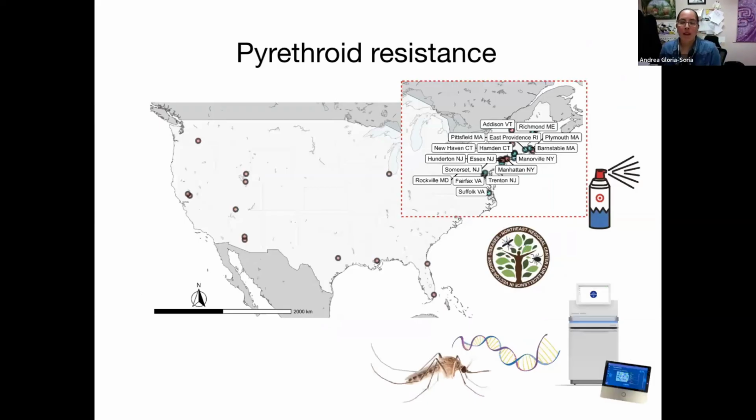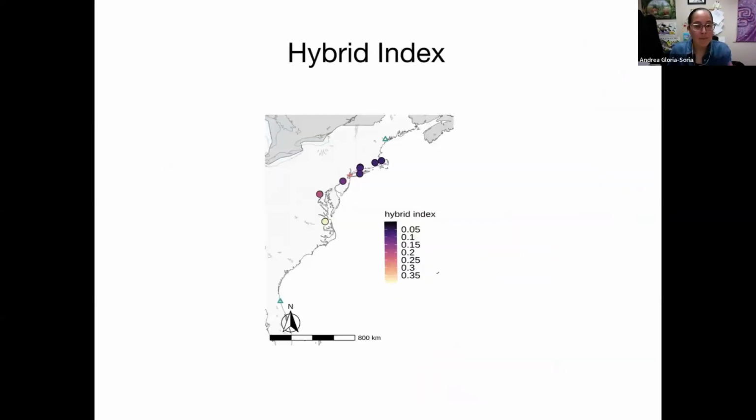Okay. And so now I will focus on the northeast and the experiments that we have done with it to tell you more about the insecticide resistance. Based on the PCA and what we know from the ACE2 data, we wanted to establish what was the percentage of the genome of these mosquitoes that came from quinquefasciatus and pipiens along the East Coast.